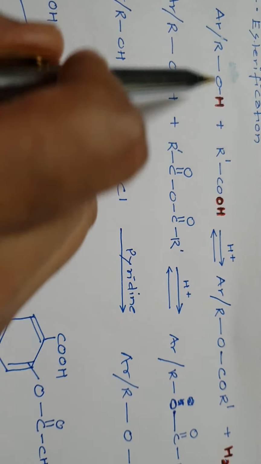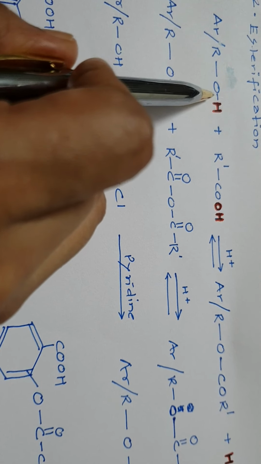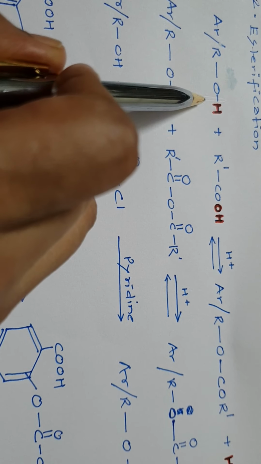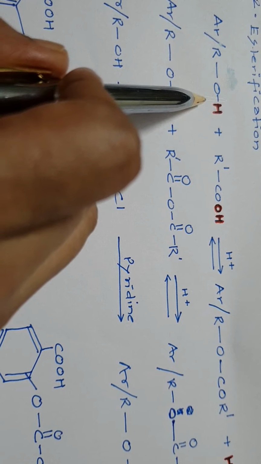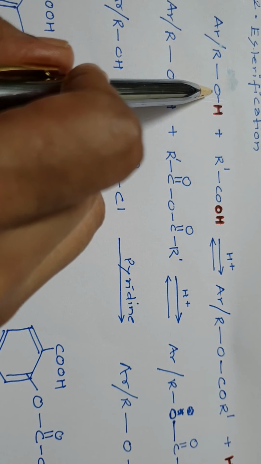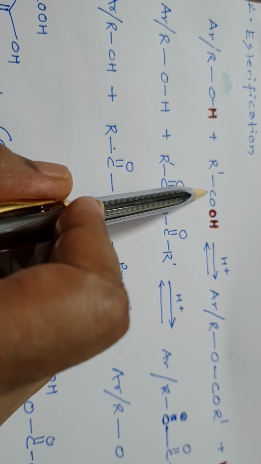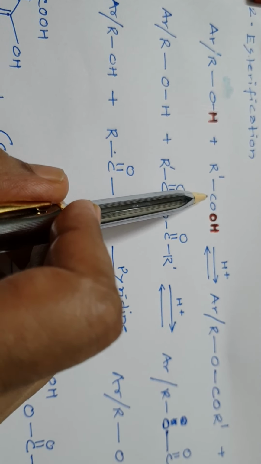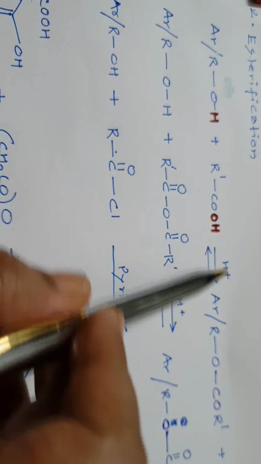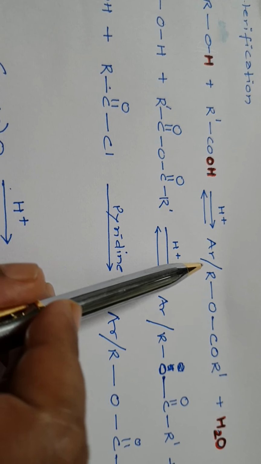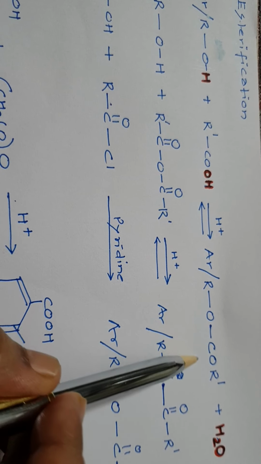Look at it. There's a cleavage which occurs between oxygen and hydrogen, and this oxygen binds with the carbon of the carboxylic acid. Thus, it gives us the ester.